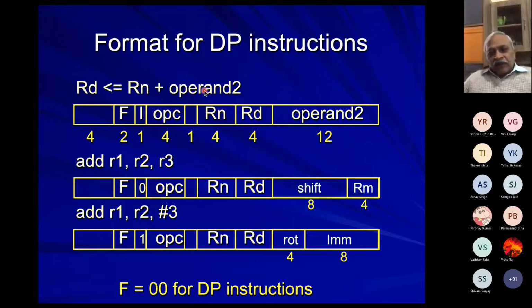And if you want the result to remain in the same register, the register specified as RM and RD could be the same. So in fact, if you look at this RN, RD, RM, they could all be distinct. Some of them could be the same, some could be different. So all combinations are allowed. They all don't have to be distinct.